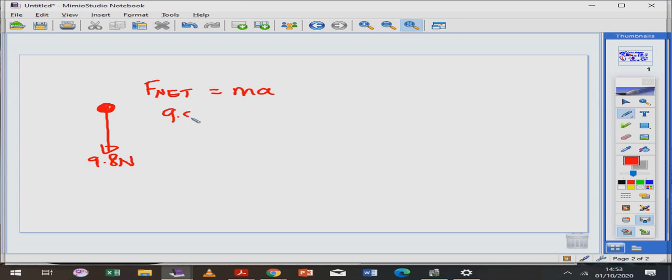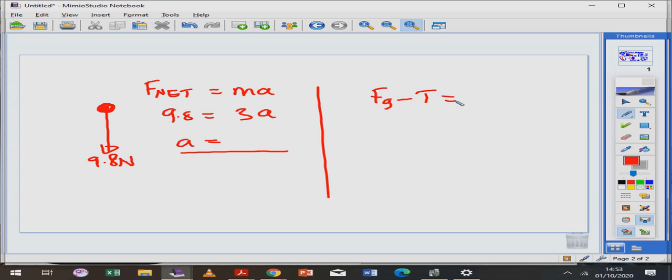So therefore F net being 9.8 equals the mass of the whole system, 3, times acceleration, and I still end up getting the same value of the acceleration of the system, which I can substitute in one of the two equations, Fg minus T equals 1A for the 1 kilogram object, to find the tension in the system.